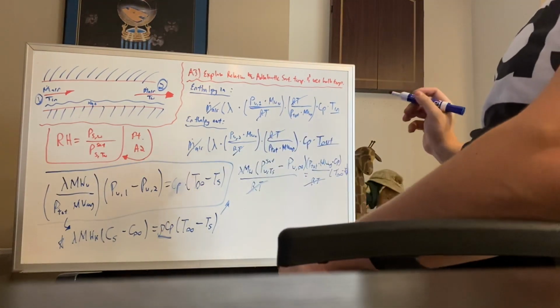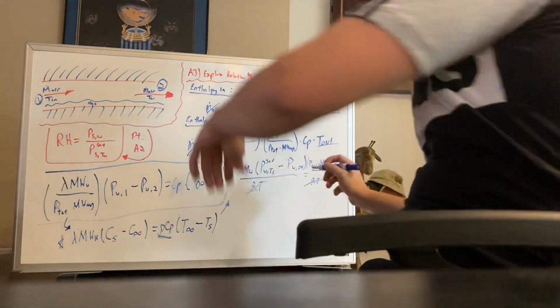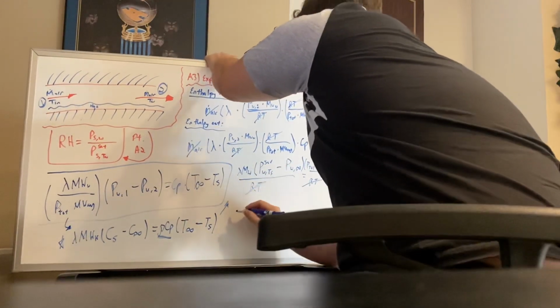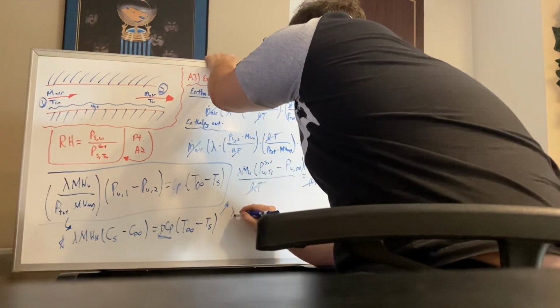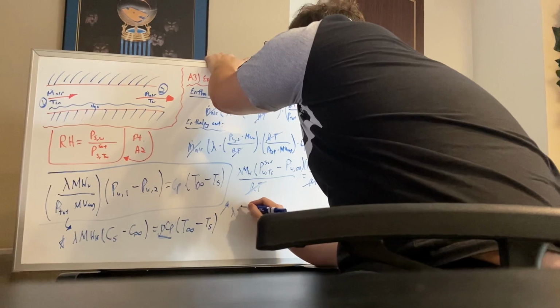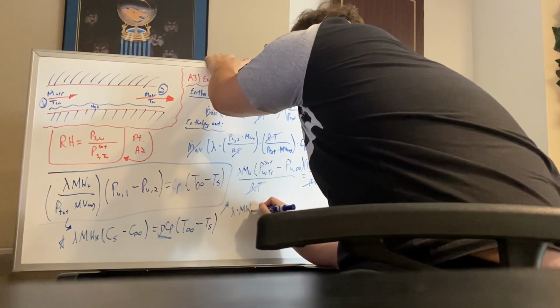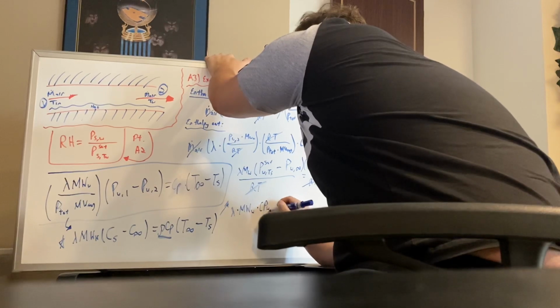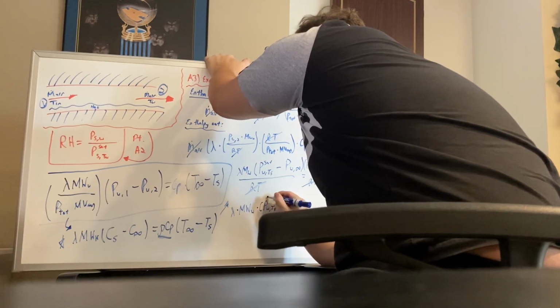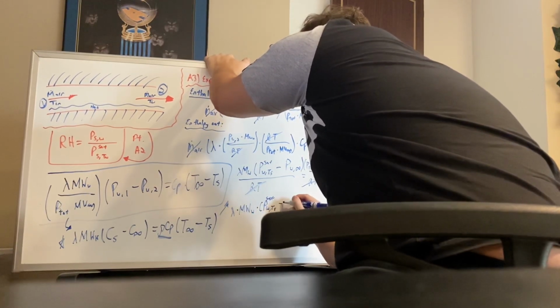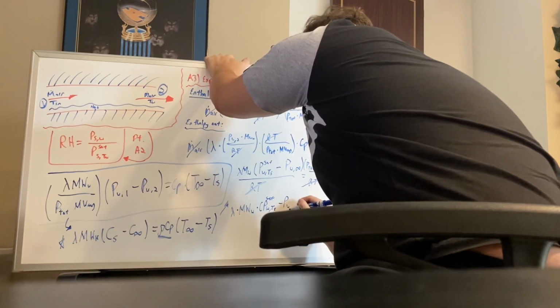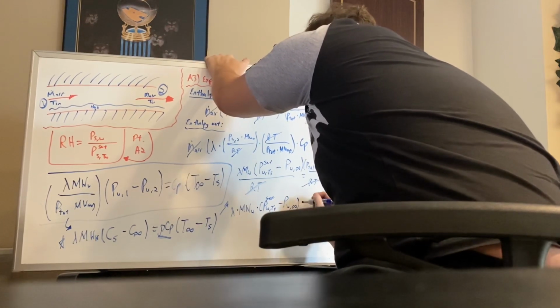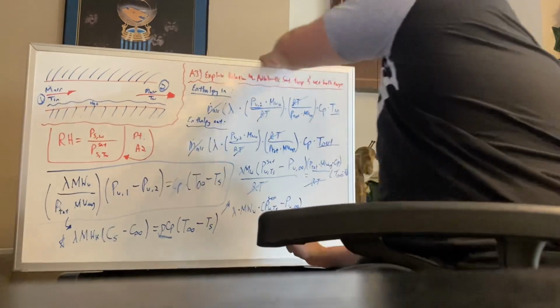And this is finally going to give us our final equation, where it's just this top part only: the heat of vaporization multiplied by the molecular weight of water, multiplied by the saturated partial pressure of water at the surface at whatever that temperature is, minus the partial pressure of water some point far away. So this is going to be the left side.